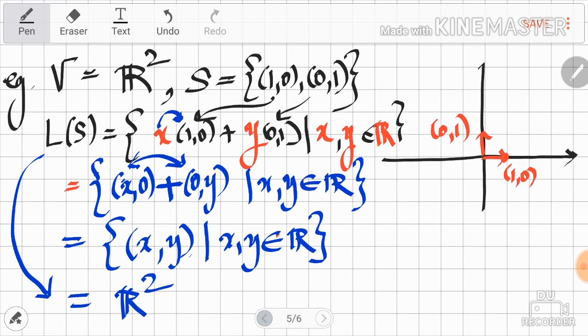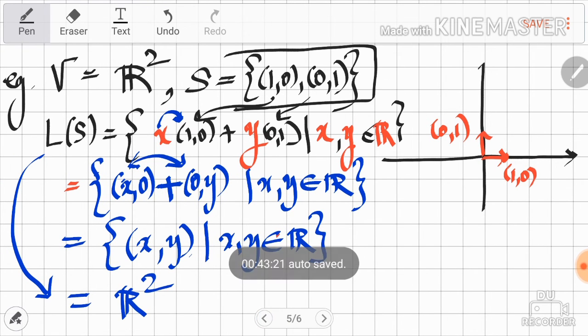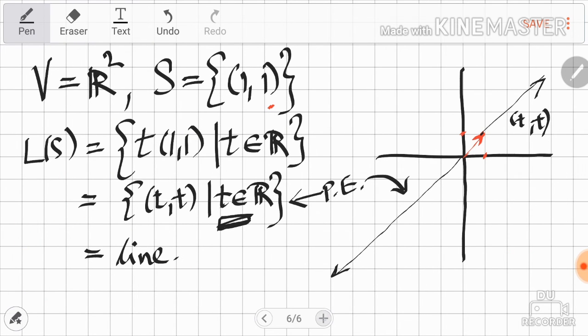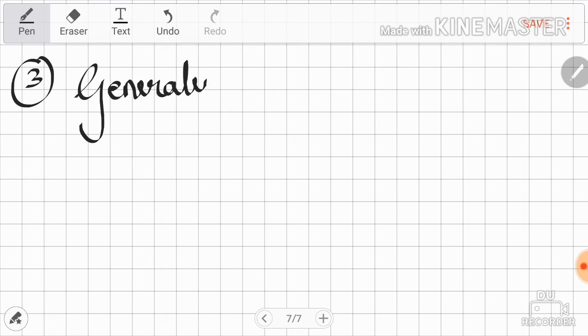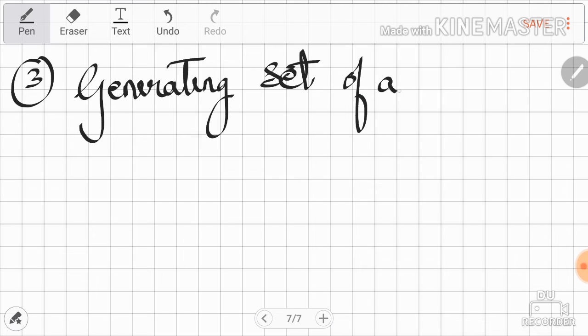Okay, so there is something special about this set S. Such kind of sets are called generating sets of the vector space. We call it a generating set because it generates the entire vector space.